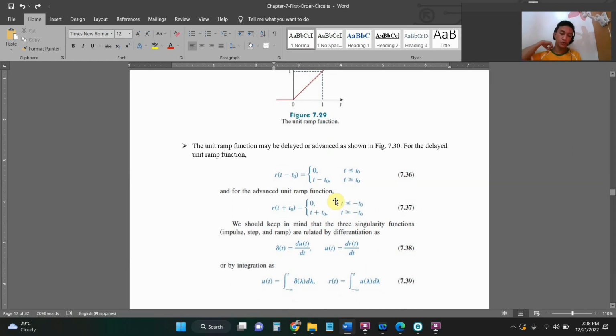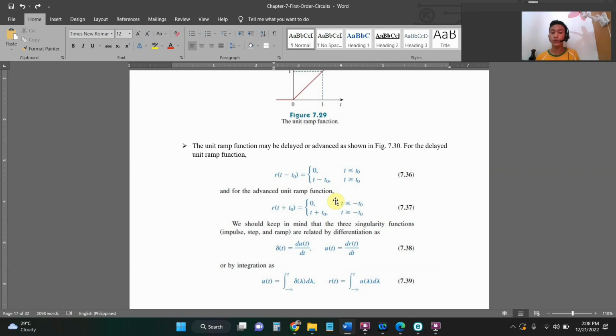In that way, we should keep in mind that the three singularity functions, the impulse, step, and ramp, are related by differentiation: δ(t) is equal to du/dt, or simply u(t) is equal to dr/dt.